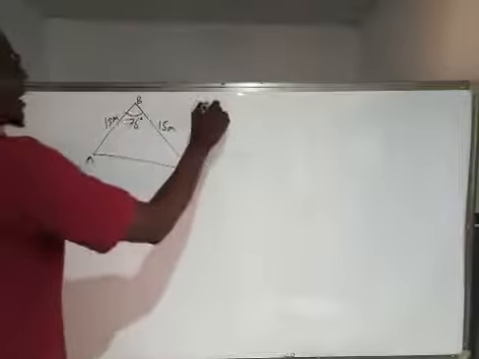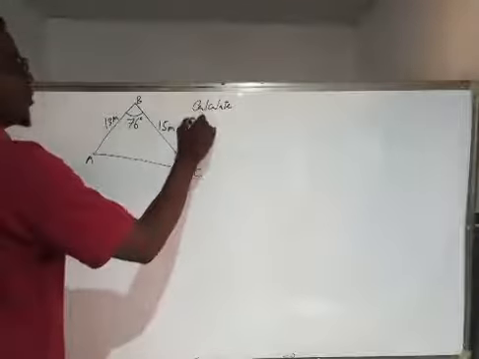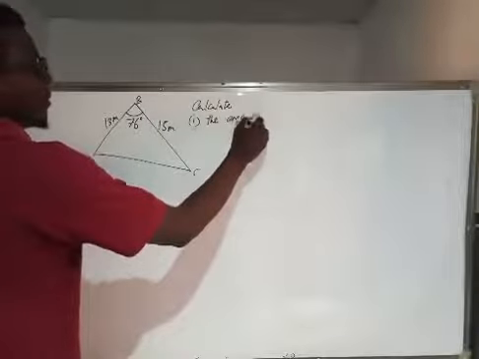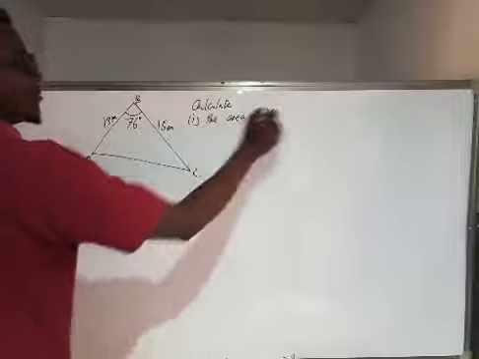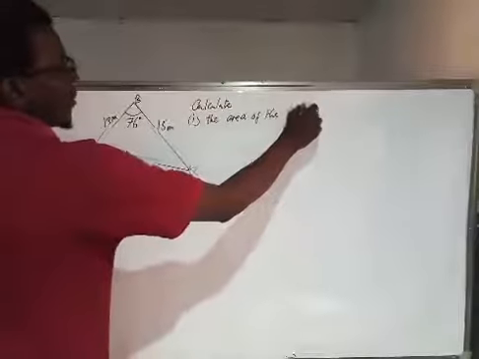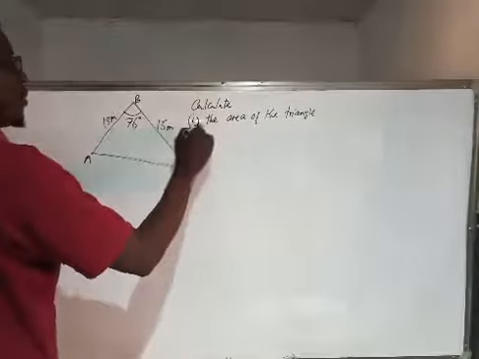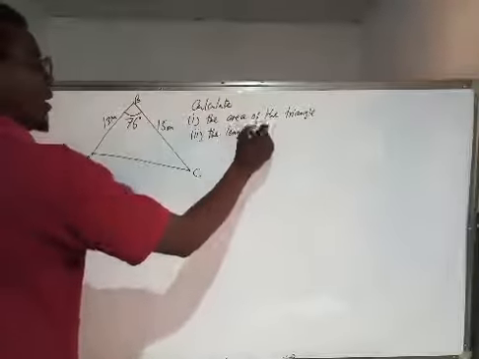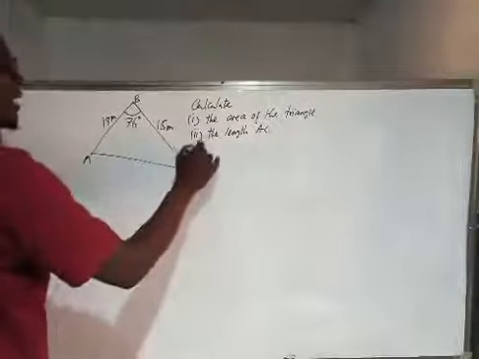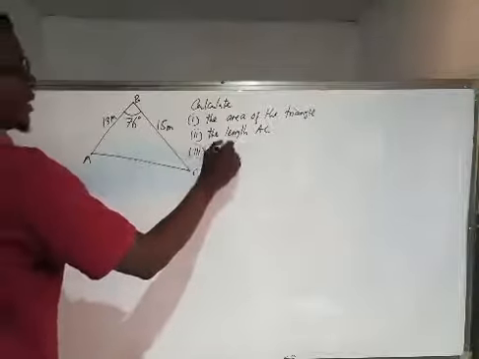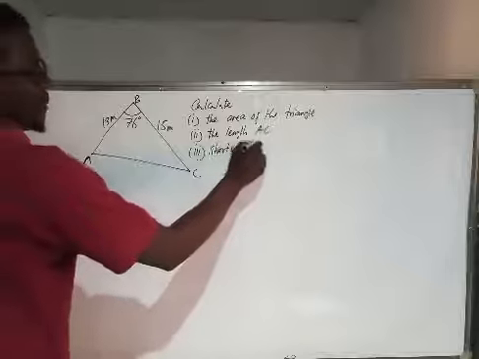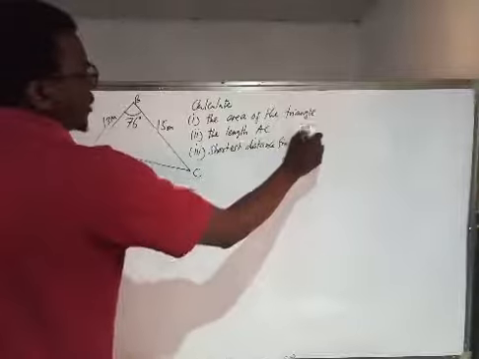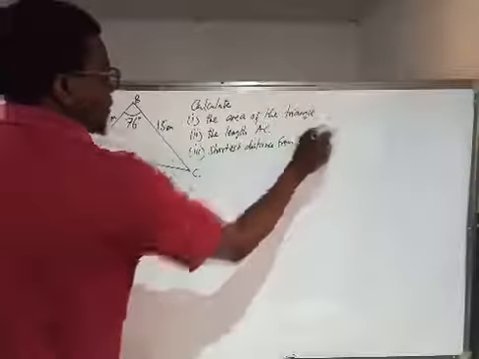Then we'll say, calculate part 1, the area of the triangle. Number 2, the length AC. And number 3, the shortest distance from B to AC. Okay?